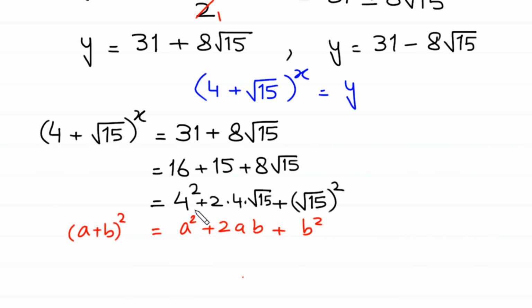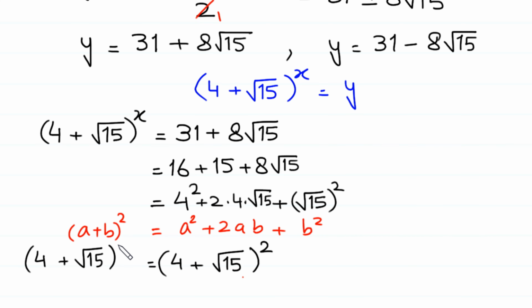According to this identity, this expression is equal to 4 plus square root of 15 whole square, and at left side we have 4 plus square root of 15 whole to the power x. From here x is equal to 2. This is the first value of x.